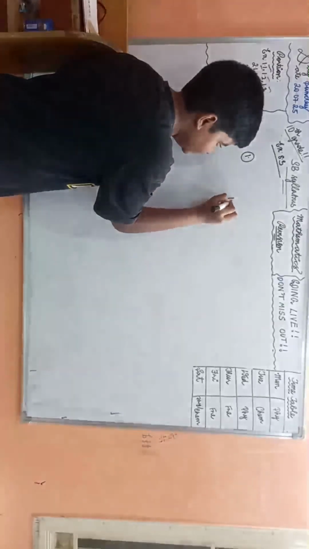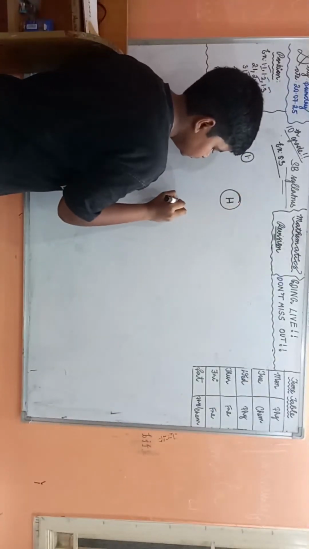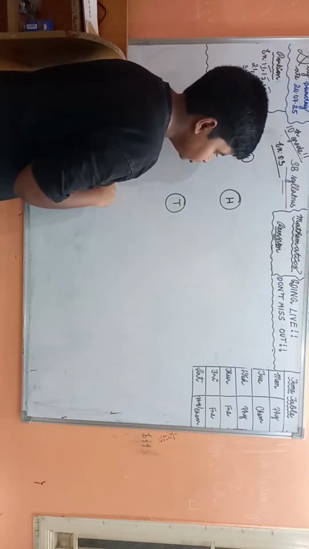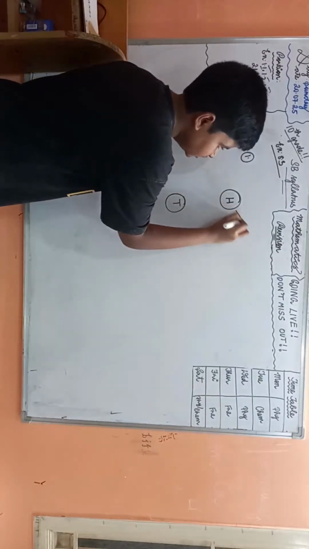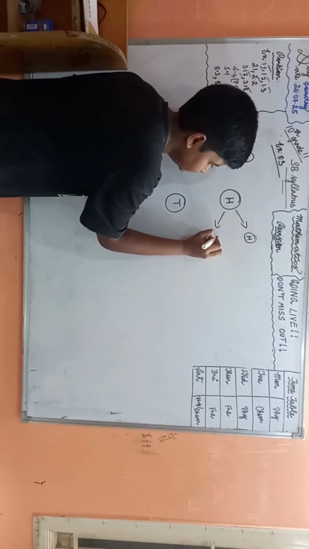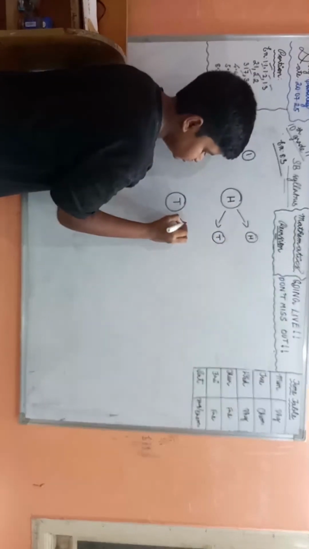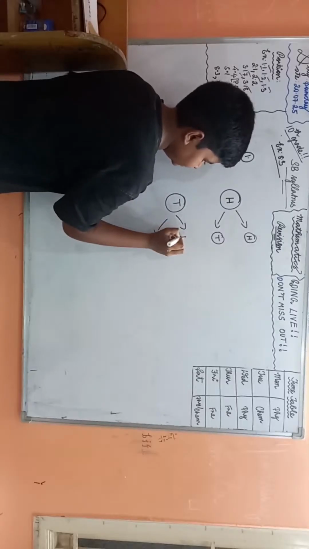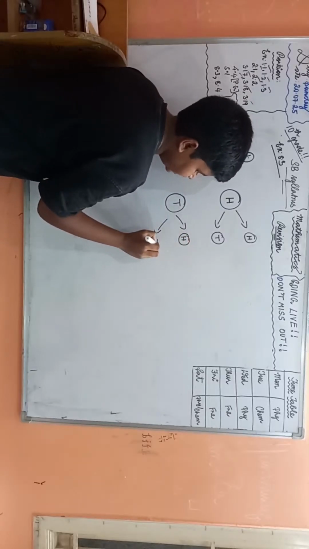So which is heads, tails. So if you toss this heads coin, there's a probability that you will get another head and a tail. If you throw this coin, you will get a head or a tail.